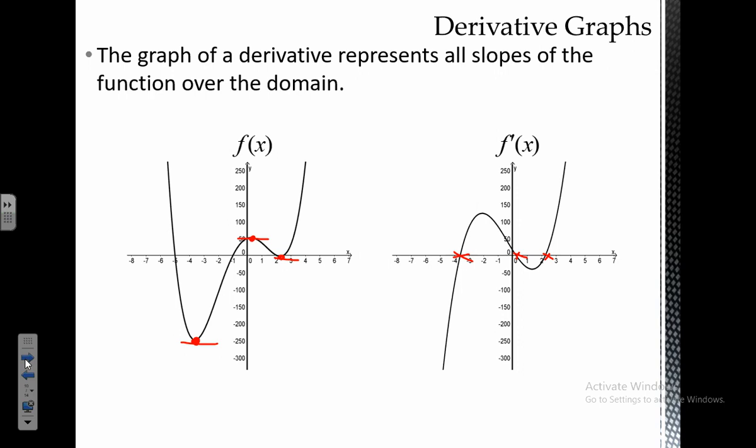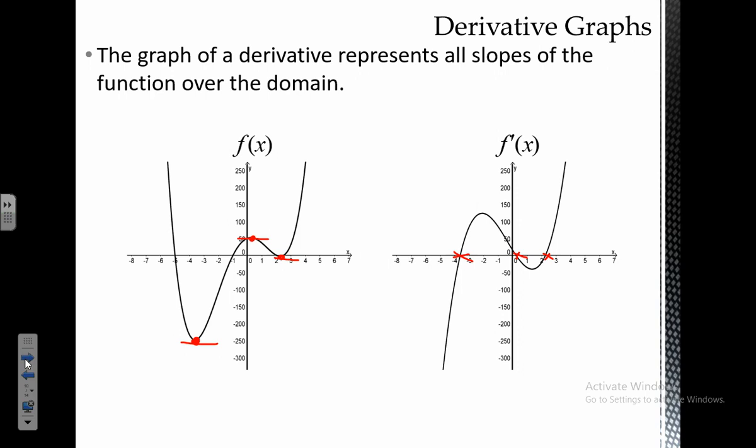We increase from negative 4 until a little past 0, so we are above the x-axis from negative 4 up until a little bit more than 0 on our derivative graph. Where the function is increasing, the derivative is positive.